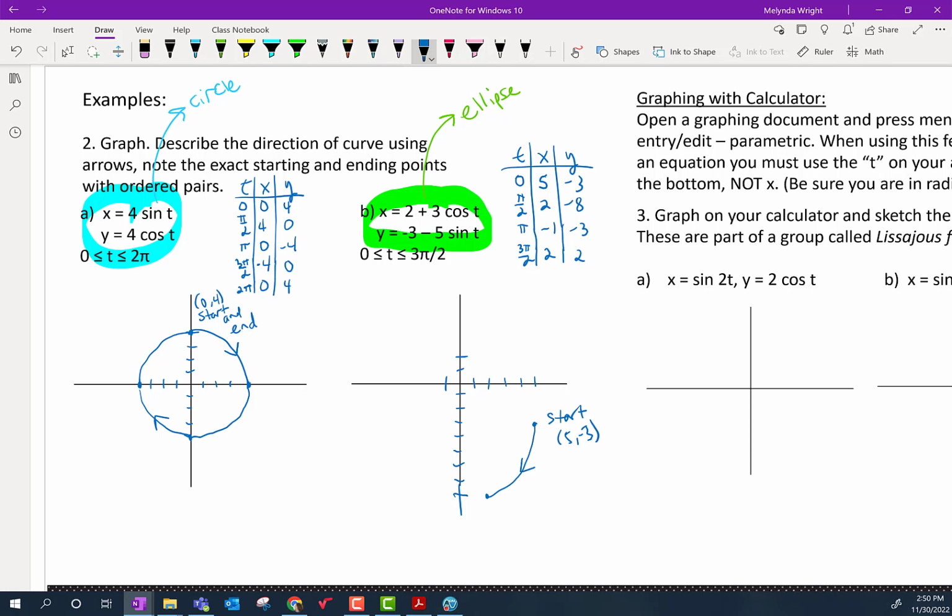We're headed that way. Our next point is -1, -3. Then we go to 2, 2. And that's our end. Our end is at 2, 2.